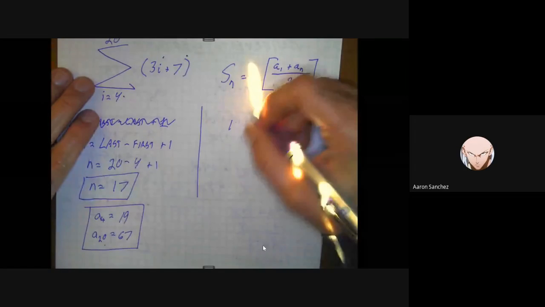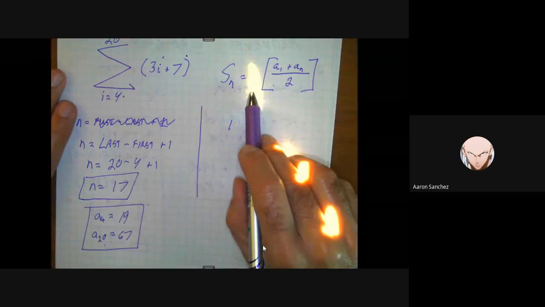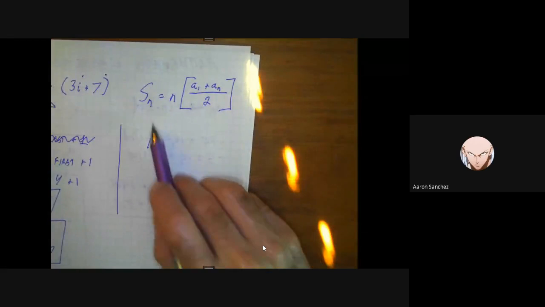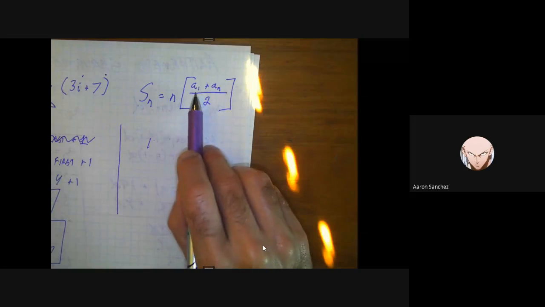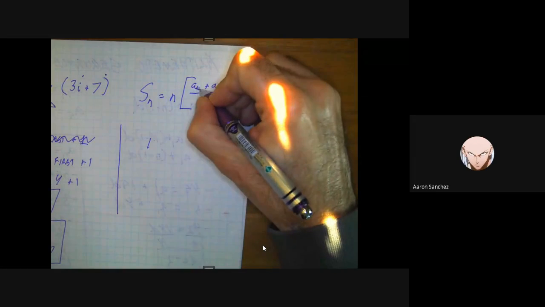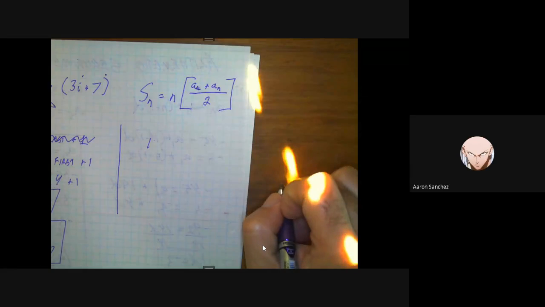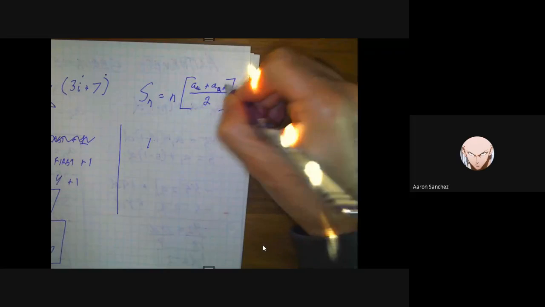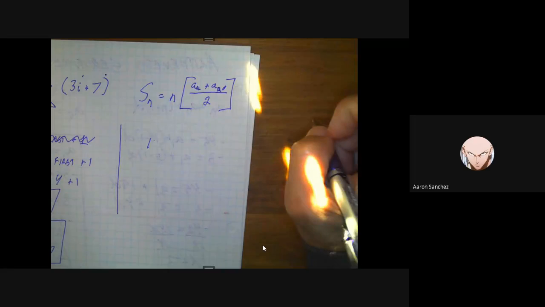Okay. So now we plug in our numbers. Look at that n. You can't see the n because of the glare. Plug in the n. It's not the first term now, it's going to be the actual 4th term, because we have the 4th term, right? And then this will be the 20th term. 20 divided by 2.